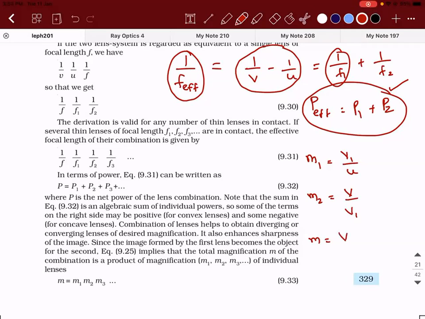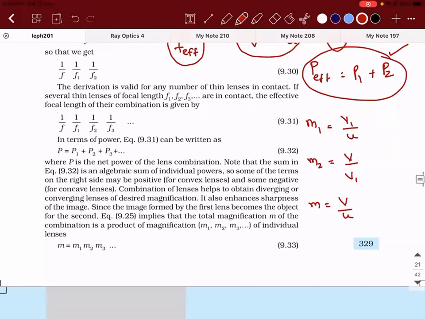It will be V divided by U, because final image divided by the object distance. Means can I write it as V divided by V1 into V1 divided by U? But what is V by V1? It is M2, and V1 by U is M1. So the effective magnification will get multiplied.